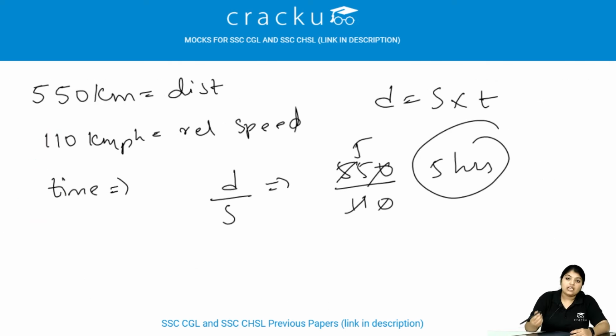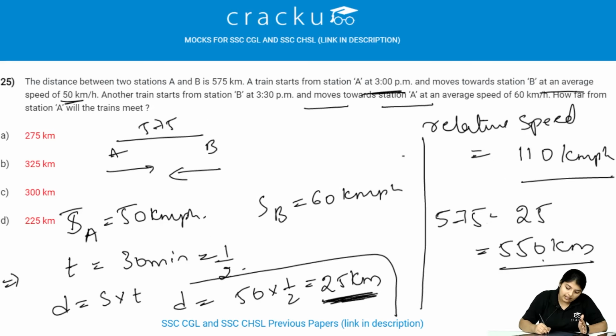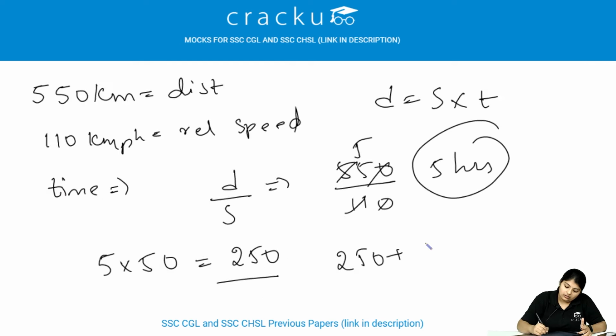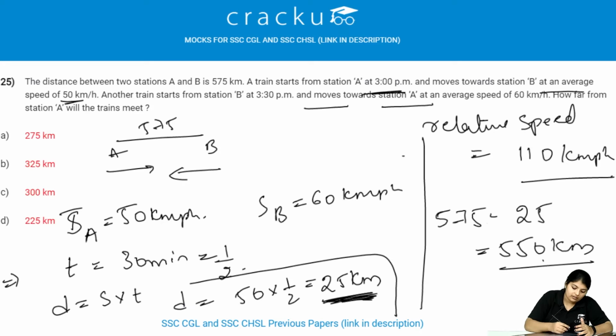Now the distance covered by train A itself in 5 hours is 5 into 50, that is 250, and the time taken by the two trains to meet is this 250 plus at starting this 25 kilometers. The answer is 275 kilometers. 250 plus 25, that is the answer is 275 kilometers, option A.